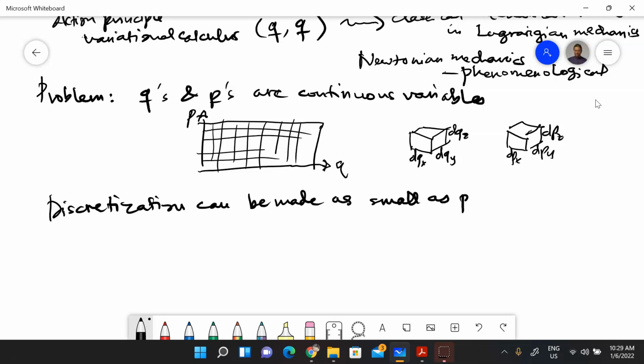If you make it smaller, it means better precision. That means you can actually point out anywhere on the space, and then you can get the small cube around that point.